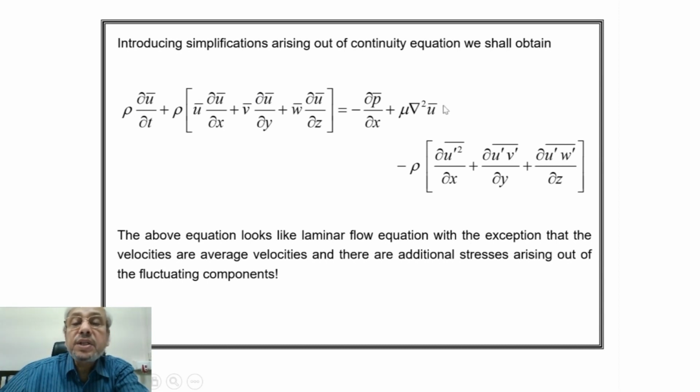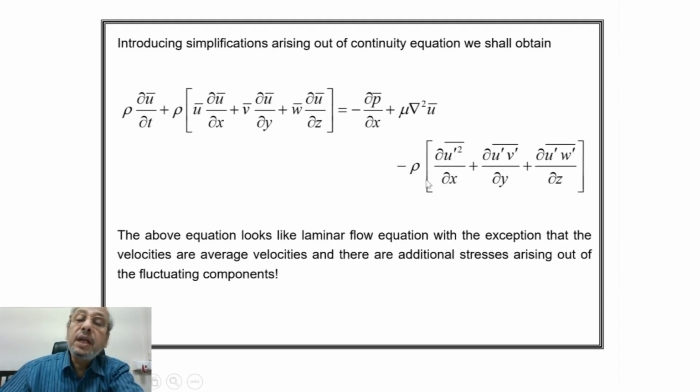So this part is just like the laminar flow equation, with velocity and pressure replaced by time average quantities. This is the additional term, generated because of the activities of the fluctuating components, and it behaves as additional stress in the flow field.